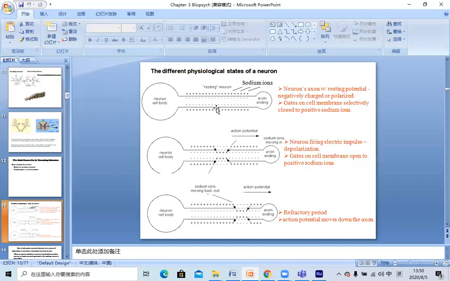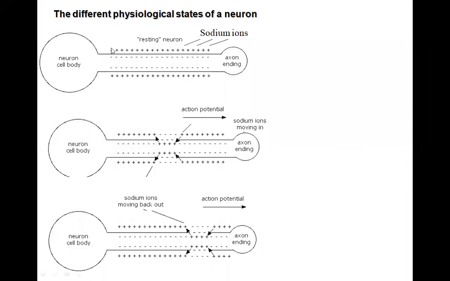How does an axon generate electricity? When sending information, the axon has three different states. The first state we're interested in is called the resting state. When the neuron is not firing, when it is not sending or receiving any information, when it is resting, when it is inactive, you can see there's a difference between the two sides of the membrane.